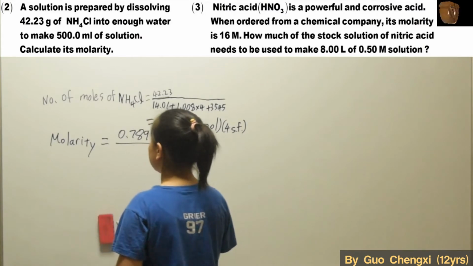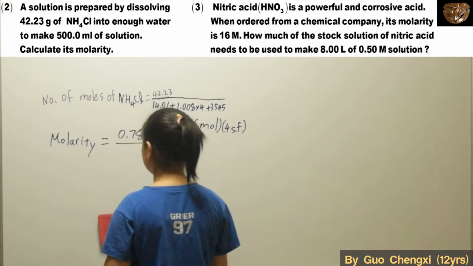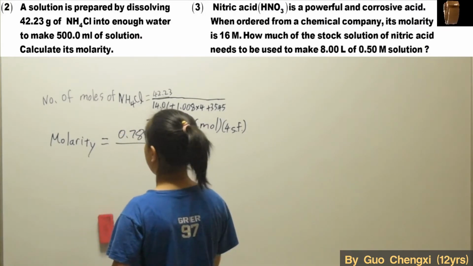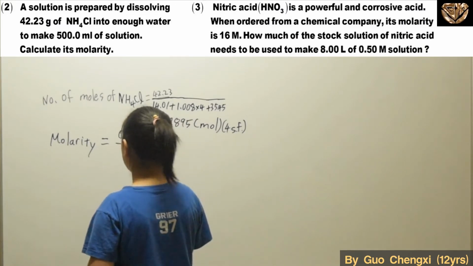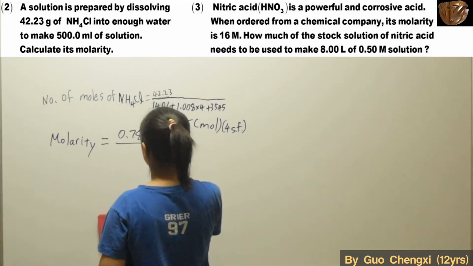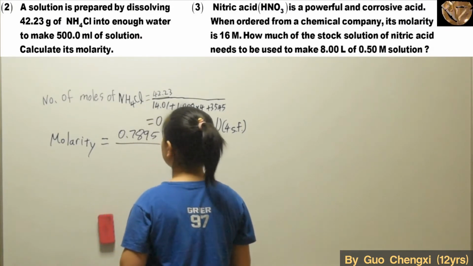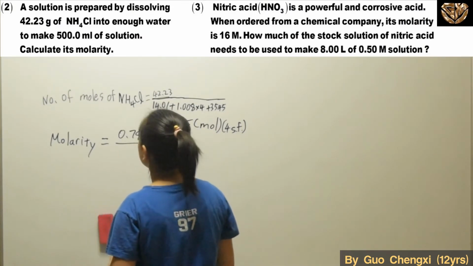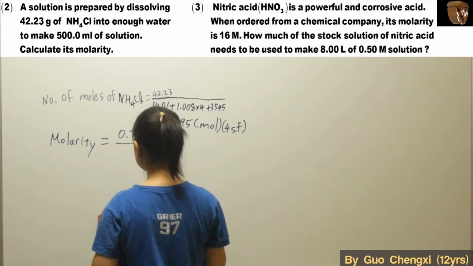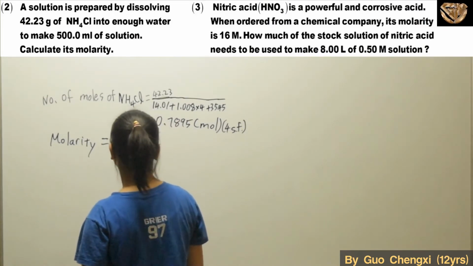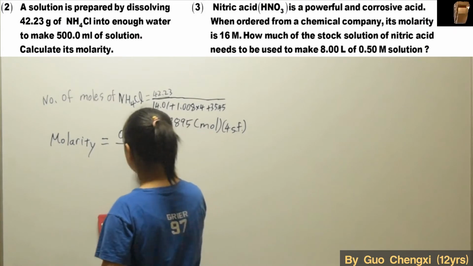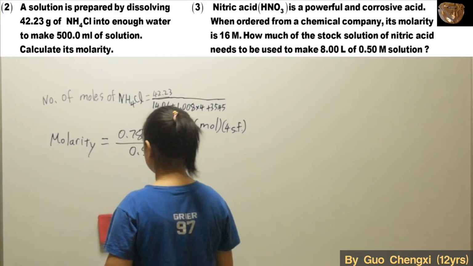This is actually 0.5 liters, because I've already specified before that molarity is the number of moles of the solute over the solution in liters. So instead of 500 milliliters, it will be 0.5 liters.